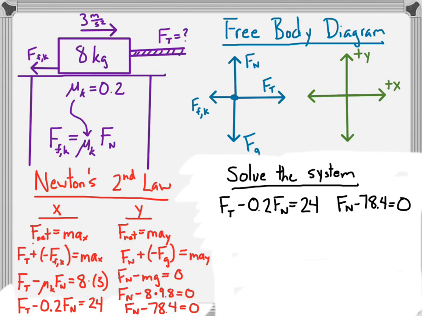That's one method. The other way is what's called elimination, and that involves adding or subtracting multiples of one equation to the other one.